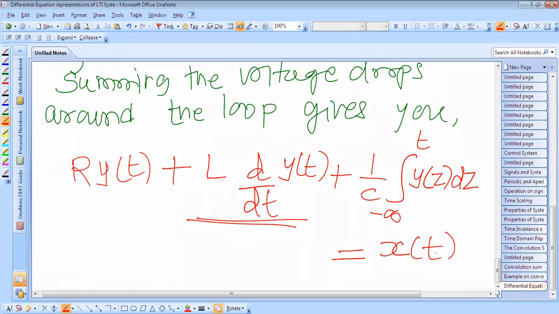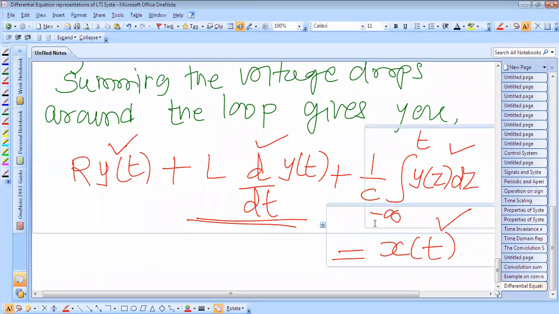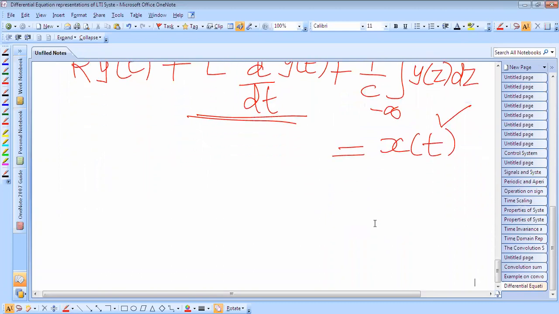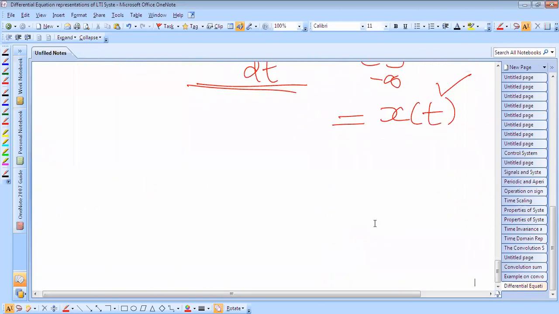We got this by applying Kirchhoff's voltage law. The voltage applied to the circuit x of t is equal to the voltage across the resistance plus the voltage across the inductance plus the voltage across the capacitor. So this is the equation we got after applying Kirchhoff's voltage law to the given circuit.